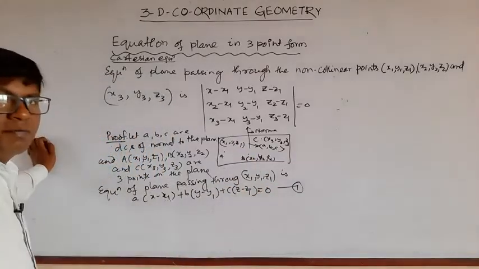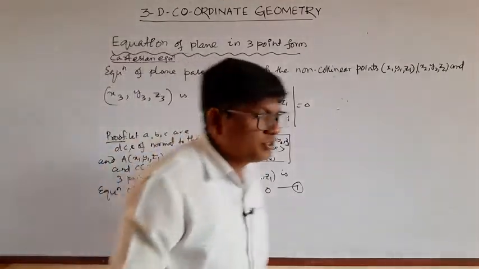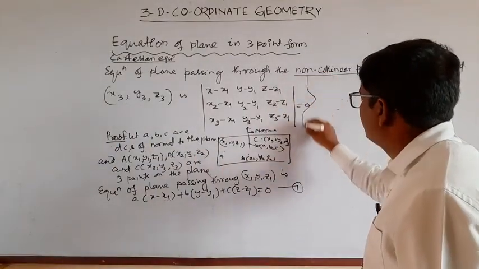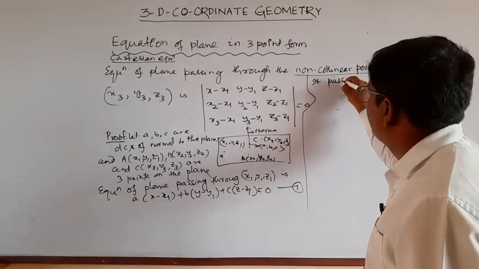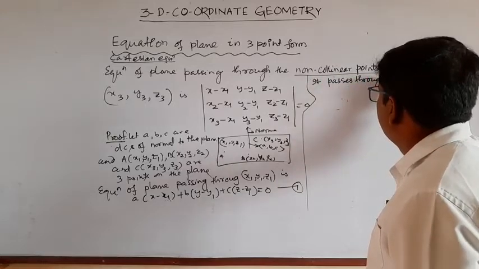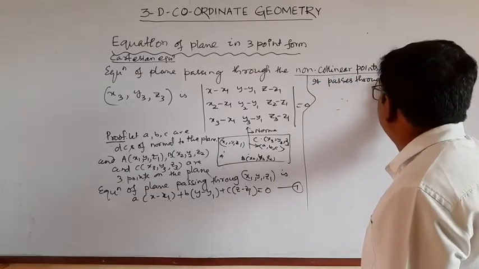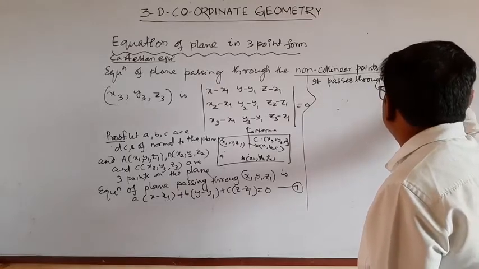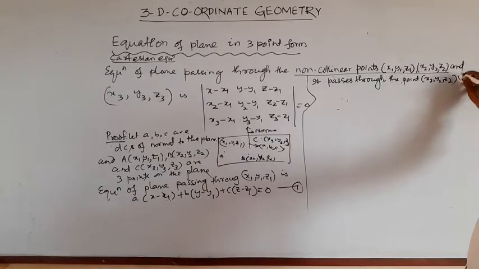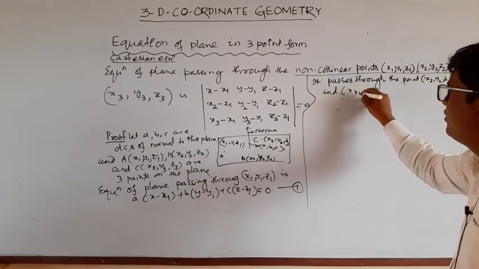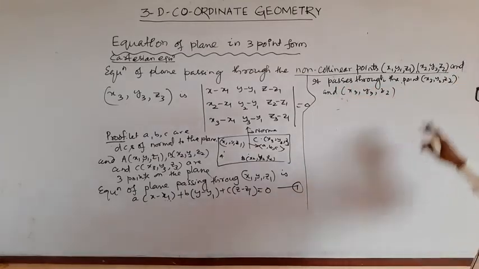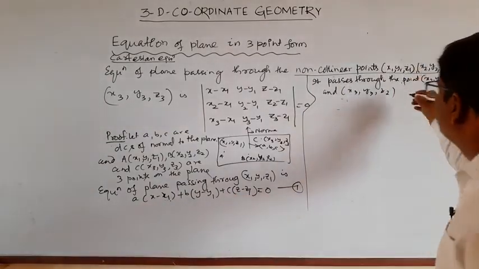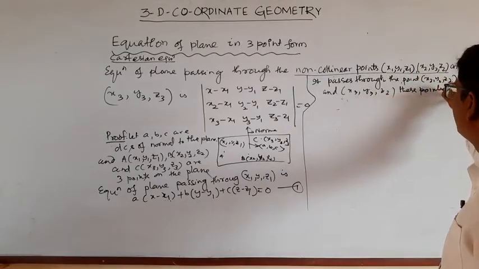Suppose it passes through the points x2, y2, z2 and x3, y3, z3. These points will satisfy equation 1.